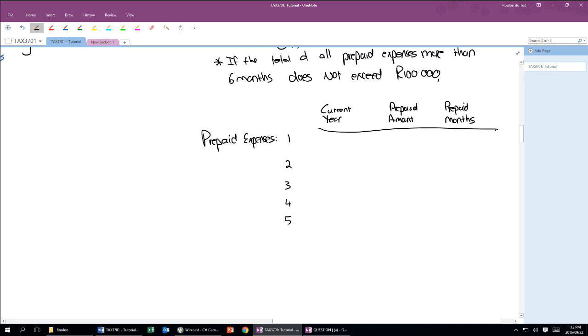Let's say prepaid expense number 1, I had 100,000 in the current year, 50,000 for number 2, 80 for number 3, 200 for number 4, and number 5, let's say 60,000 rands.